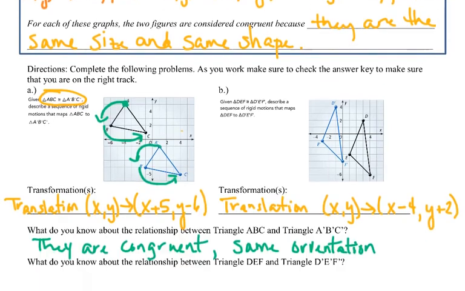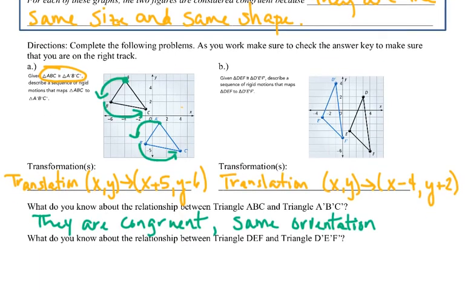Let's move on to the second question down here. Based on what I said about orientation, would you say that D, E, F, and D prime, E prime, F prime have the same orientation or opposite orientations? If you look at D, then E, then F, I am moving in a counterclockwise direction.